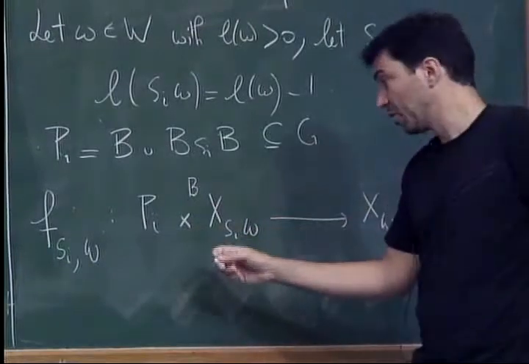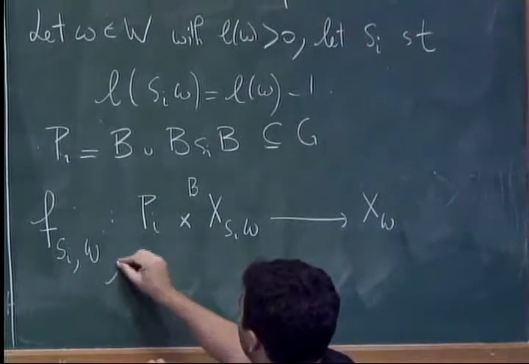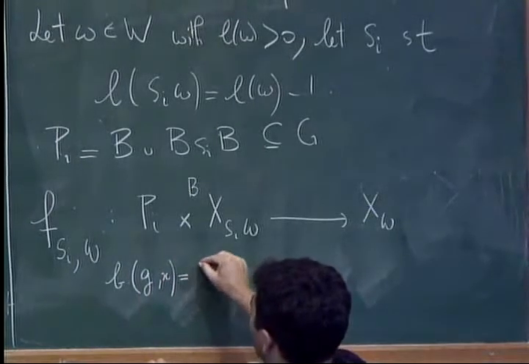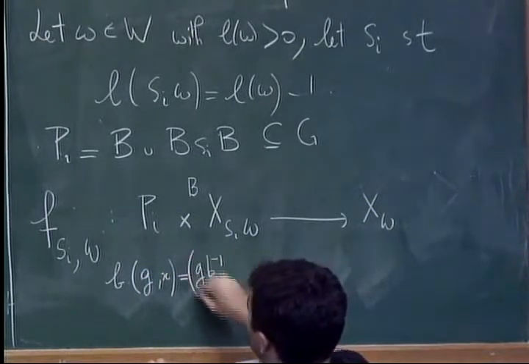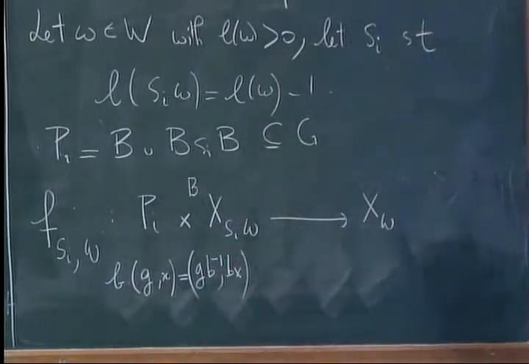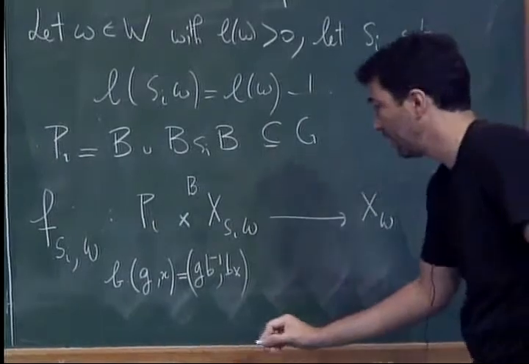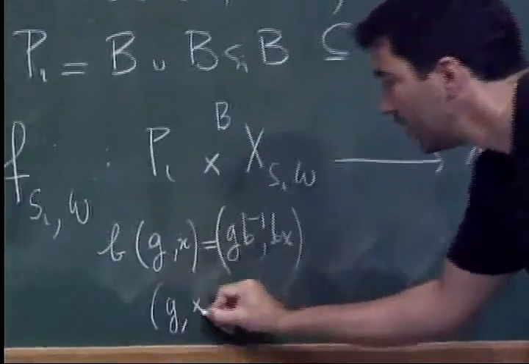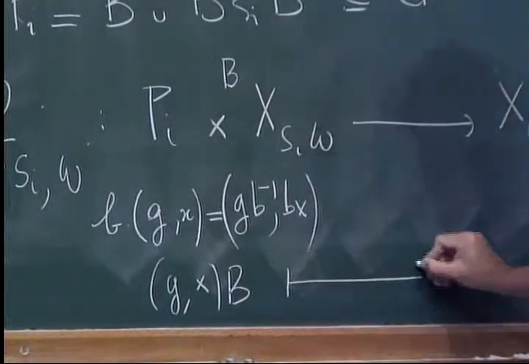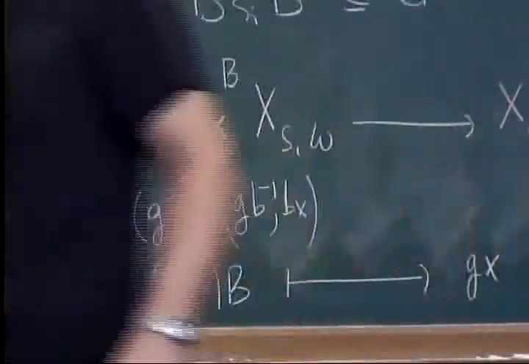Here, this is just the quotient of Pi cross X Si omega by B, where B acts on the product by the formula g to the power b minus 1, bx. So this is the action. The morphism sends the class of the point gx to the product. This is B equivariant, as always.